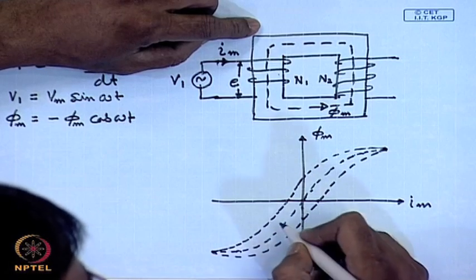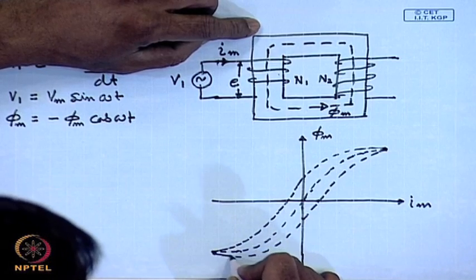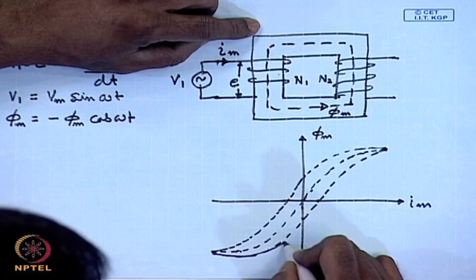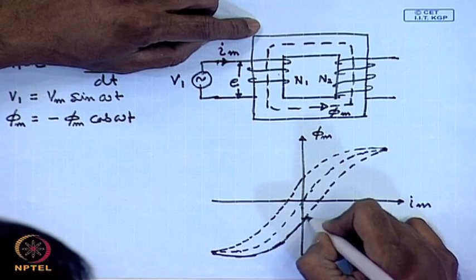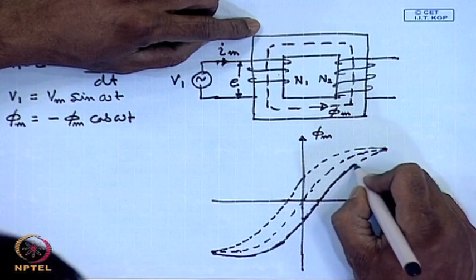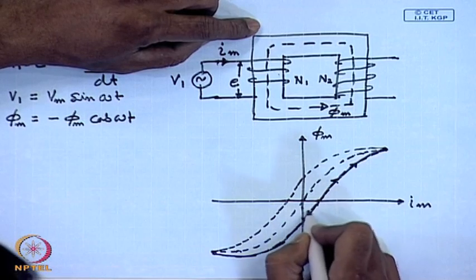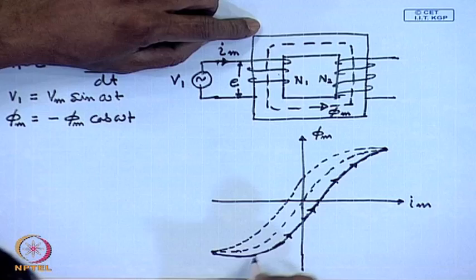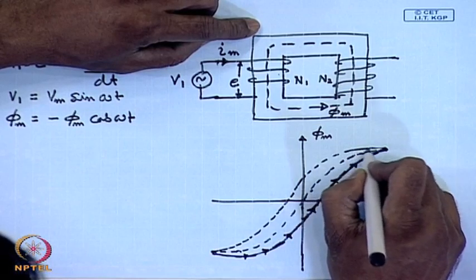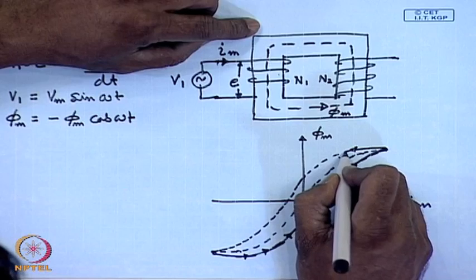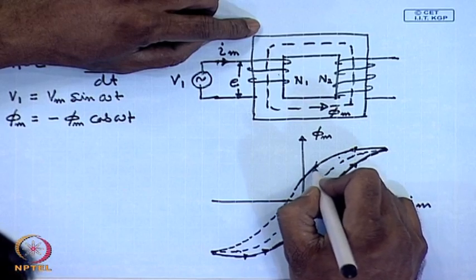So, while increasing, the flux increases following this path, however, while decreasing it follows a different path like this.